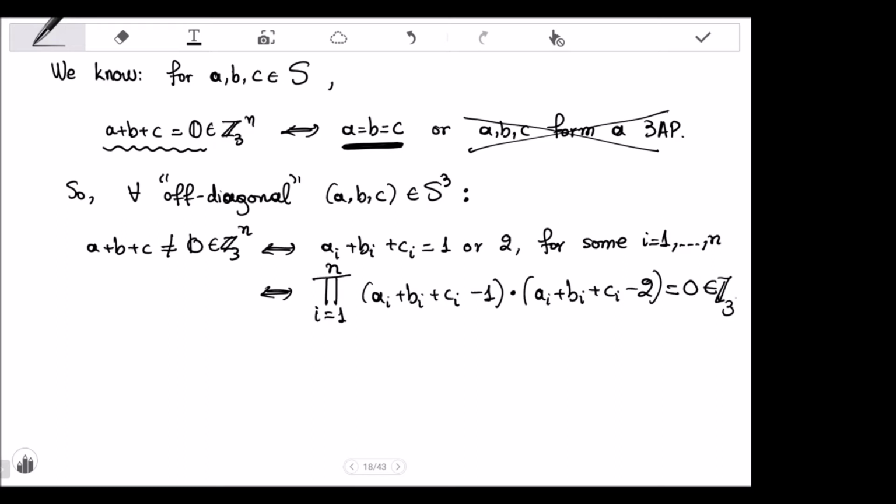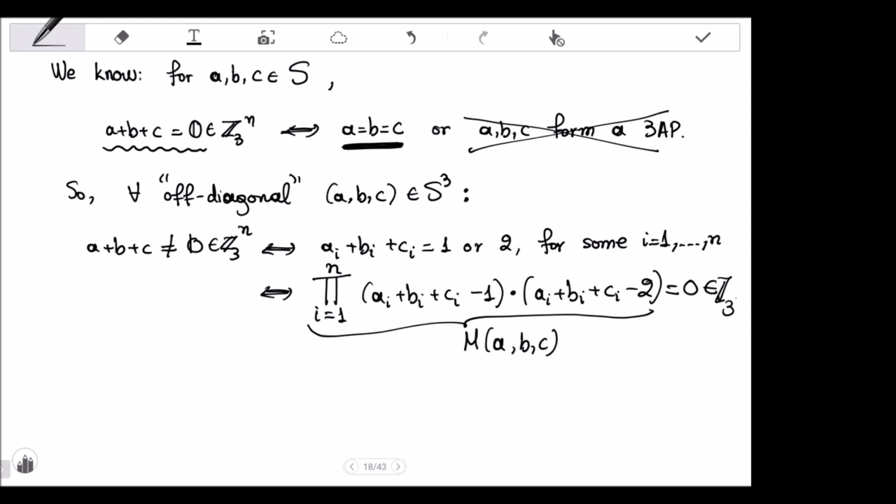Okay. So we found now, by taking essentially 1 minus our sum or 2 minus our sum, a form, a tensor. Let's think of this as M of A, B, C, that at least off the diagonal, it's 0 everywhere, which is what we wanted.